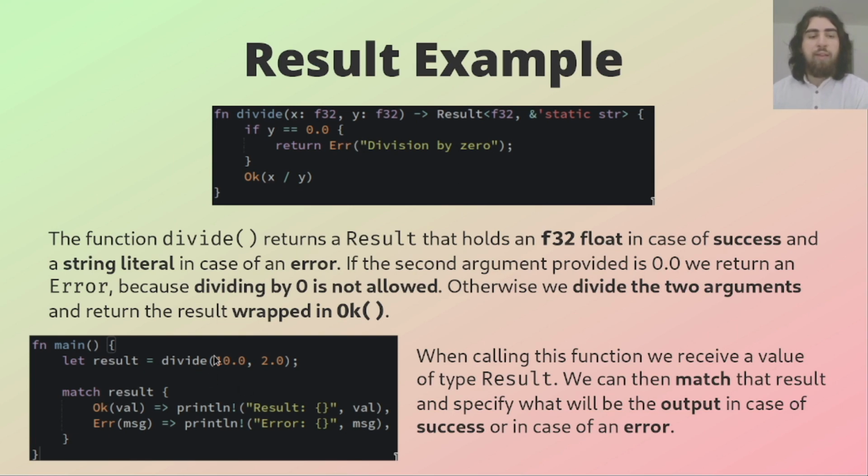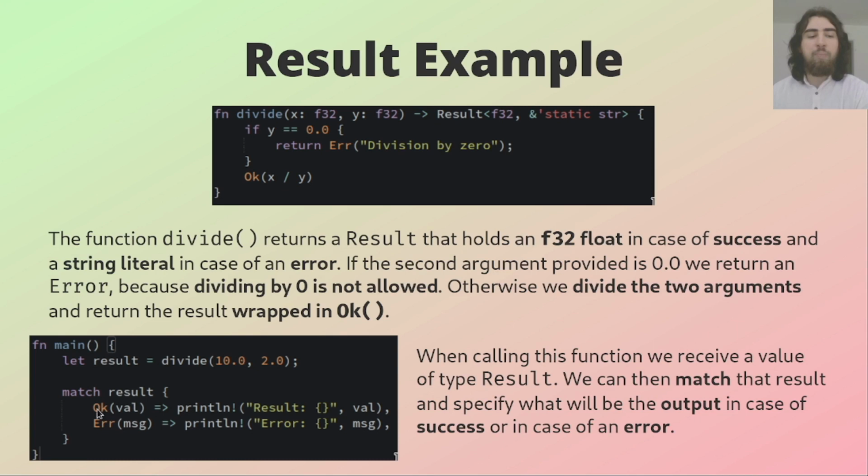And this allows us then, when we call the function divide with two arguments, to match the result we get back here. As you can see, we would get back a result type, meaning the result type has two variants, either OK or Err.